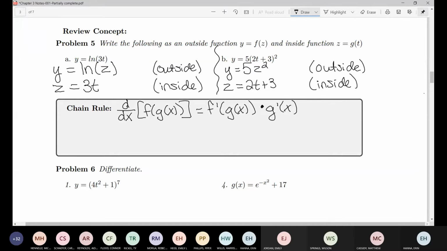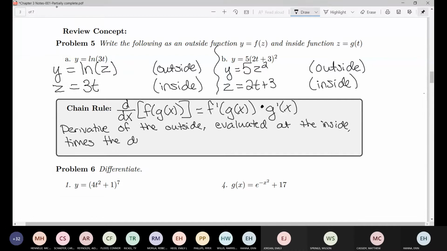In words, I would say: derivative of the outside function, evaluated at the inside, times the derivative of the inside.